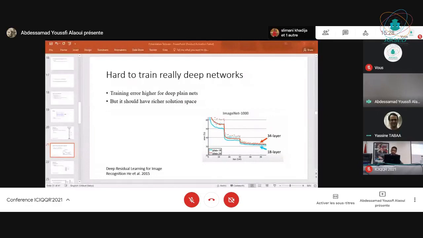The concept of the residual neural network is used in blocks, the residual units, in which we take the output of the first layers as an input of the last layers in order to overcome the problem of exploding gradient and vanishing gradient. What is the meaning of vanishing gradient? It means that we lose the information collected from the first layers.